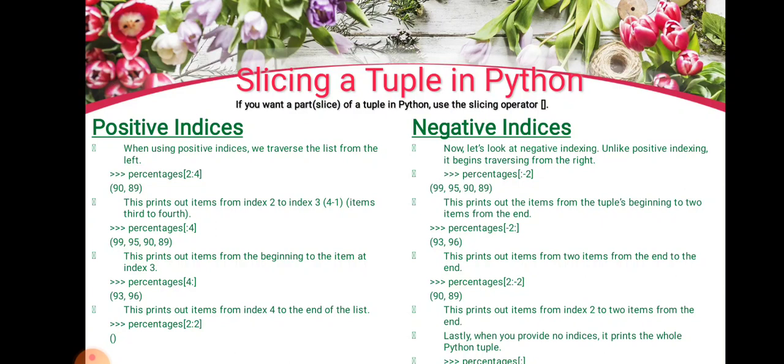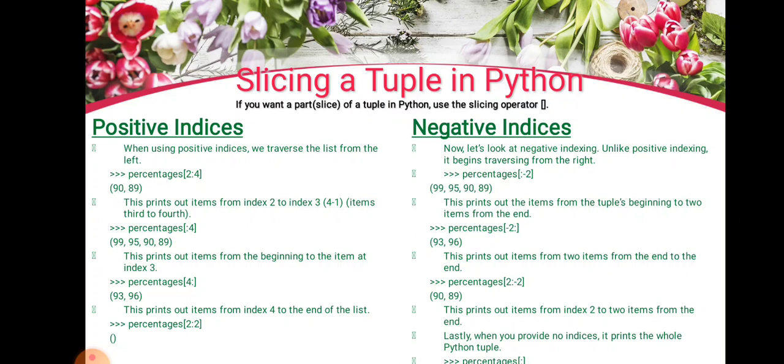Now I'm coming to negative indexing. How do we give negative indexing? It starts from the right side to the left, beginning the traversal from the right. Consider an example, percentages, colon -2. Here I'm not giving any start point; I'm giving -2 as the end point. So it starts from the left and goes up to the second value from the right, and it displays 99, 95, 90 and 89.